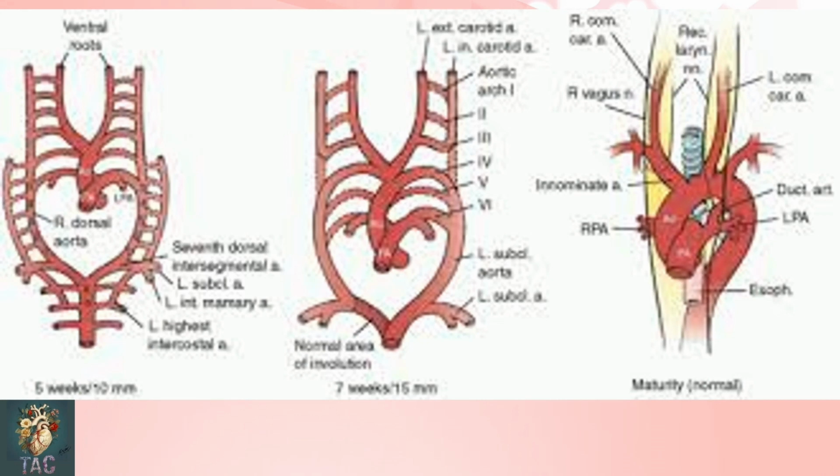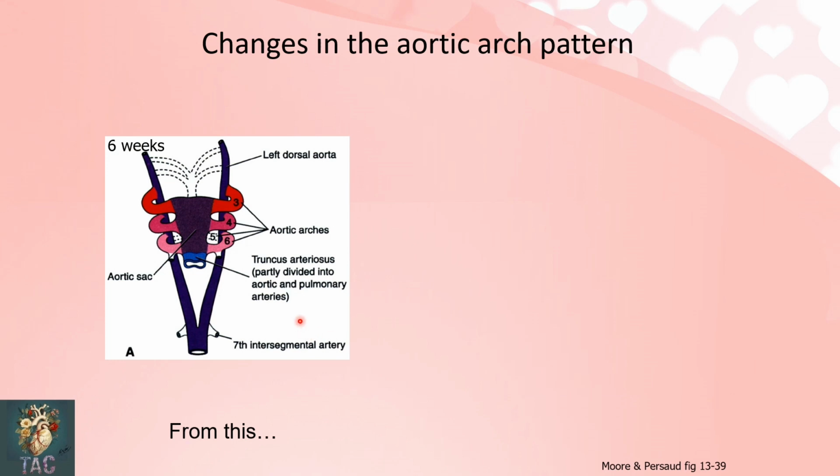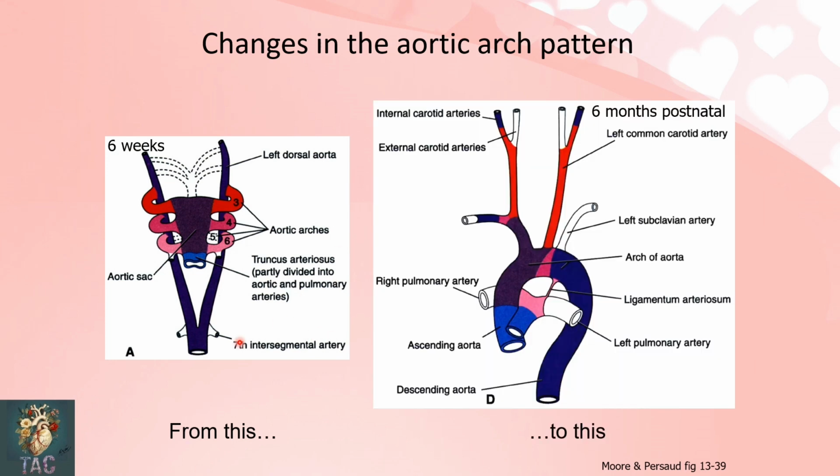Again, a revision slide. So what happens in the aortic arch pattern? Again you can see this was the initial and this is the final. This is the left common carotid, this is the right common carotid, this is the brachiocephalic trunk, this is the left subclavian artery, this is the ligamentum arteriosum, and the pulmonary vessels, the left and right pulmonary arteries, and the ascending aorta.